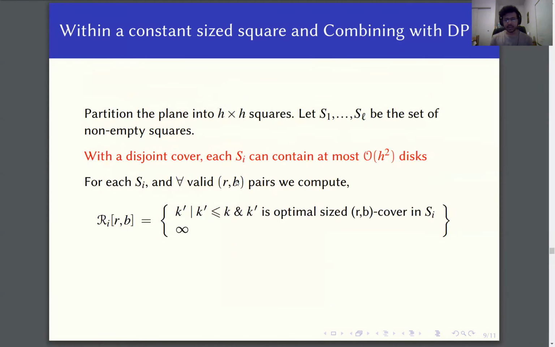For each such Si and for all valid RB pairs, we compute the minimum number of disks required to cover exactly R red and B blue points such that all the disks are contained inside the square Si. Note that for one such pair RB, we can compute Ri,RB in time order m to the power h square, since there are m options of choosing the disks and each square can have at most order h square disks.